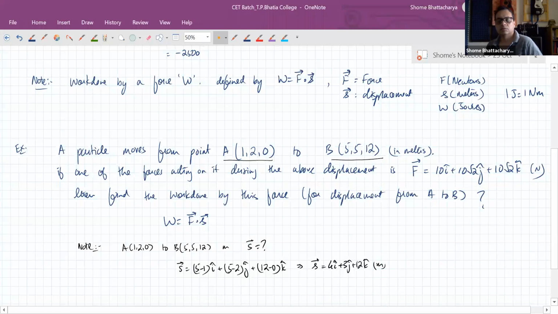In meters. Okay. So this is the important concept here.